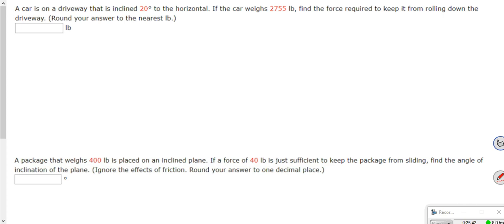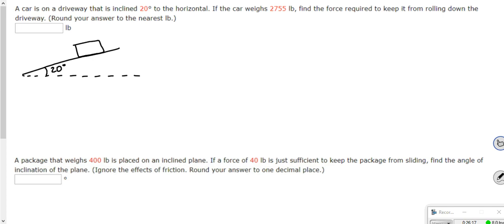Okay, so here's what we got. That's like horizontal ground level. Here's our driveway. This is 20 degrees. Here's my sad little car. I'm just making it a box. No wheels or anything, because I can't draw. Now we're talking about our W being the combination of a U and a V vector.